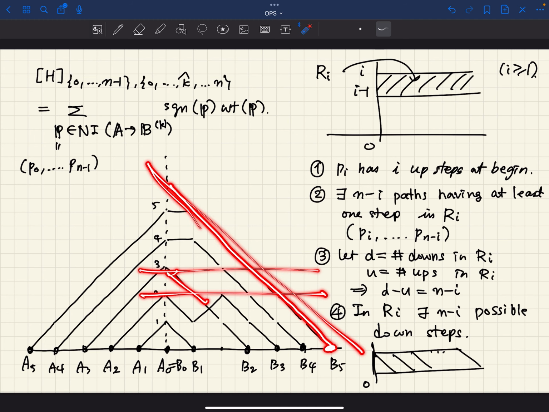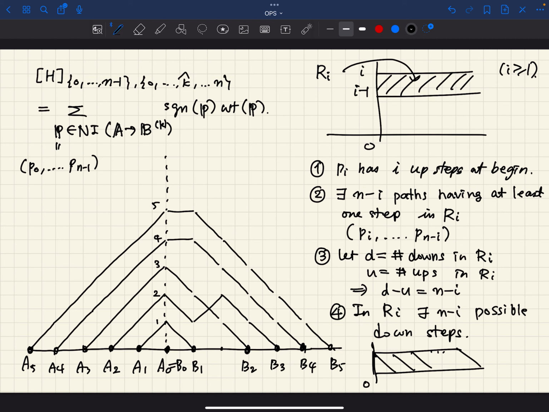So we have 1, 2, 3, 4, etc. possible down steps. That's what I meant over here. So it's like this is 0, 1, 2, dot, dot, dot, n minus i. These are all possible down steps.